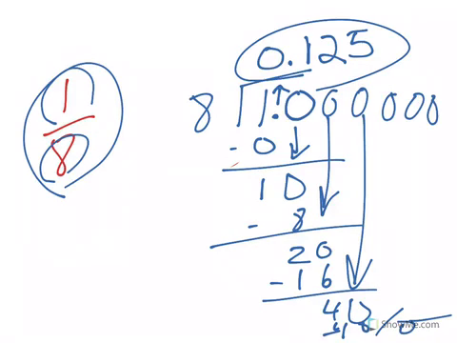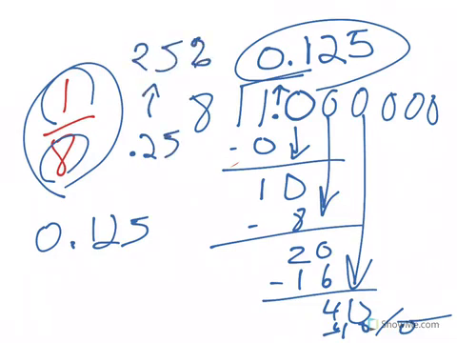My decimal is 0.125. Well, when we had 0.25, we know that equaled 25%. This would be 12.5%.